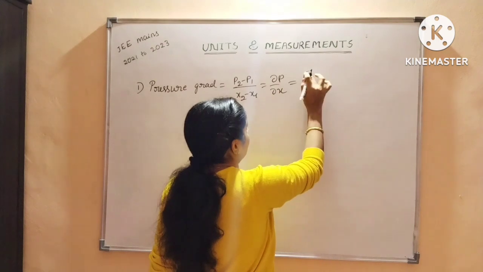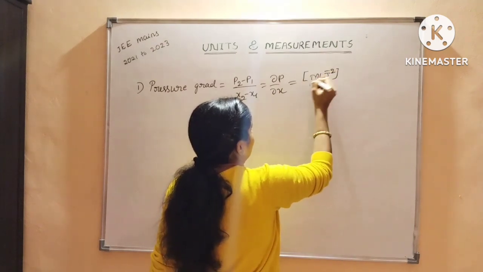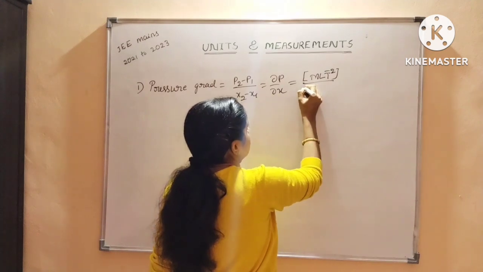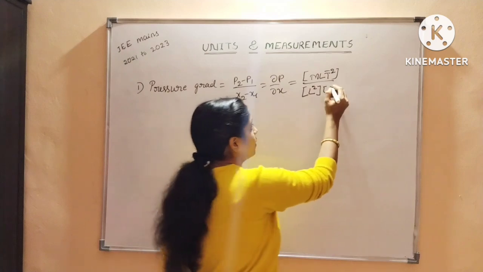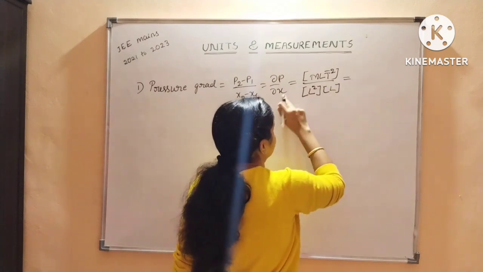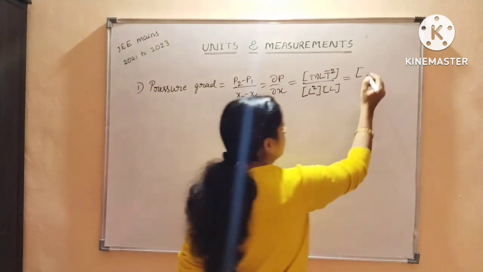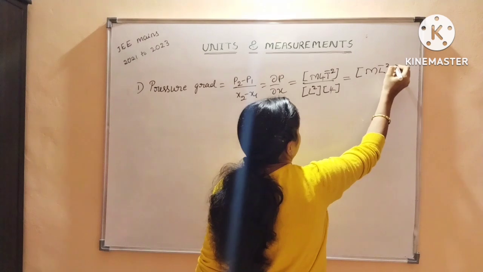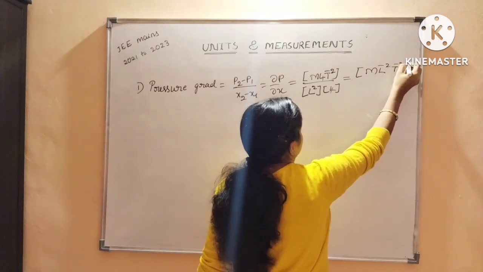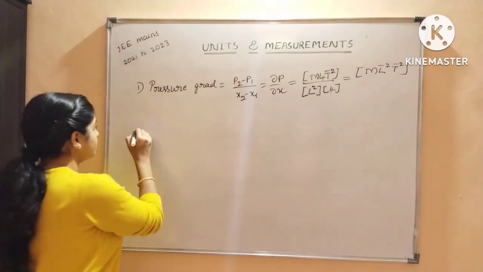The dimensional formula of force is M L T raised to minus 2, area is L square, and x is the distance, so L is its dimension. Finally, the dimensions of pressure gradient is M, L cancels, so L power minus 2, T power minus 2. This is the dimensional formula for pressure gradient.